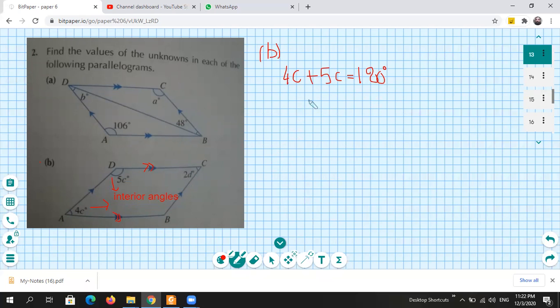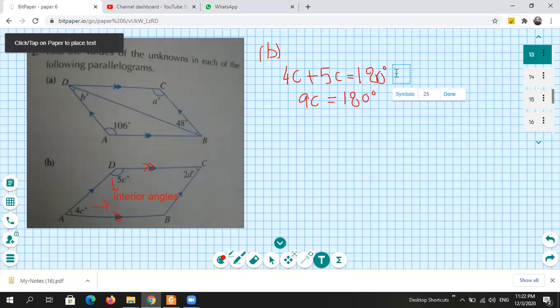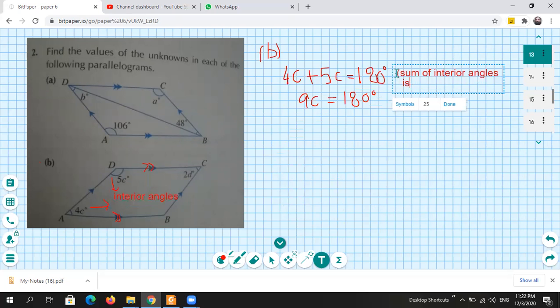So 4C plus 5C, 9C equal to 180 degrees. Also, you can write the reason: sum of interior angles is 180 degrees. So C will be equal to 180 degrees over 9, or C equal to 20 degrees.